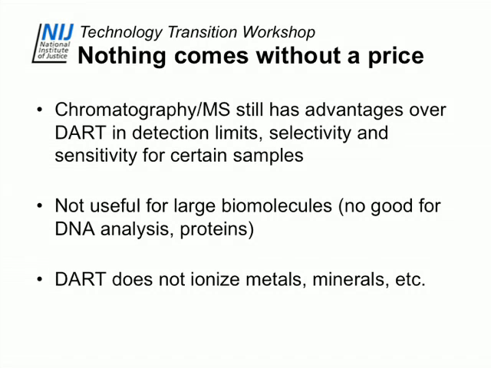We're trading convenience and broad applicability for sensitivity and specificity for certain analyses. DART is no good for large biomolecules. You can't do proteins or DNA fragments with it. That's still best done by things like electrospray and laser desorption. And DART doesn't ionize metals or minerals. I'll show you a trick where you can get some of that information kind of indirectly, but these are the things that DART doesn't do very well.